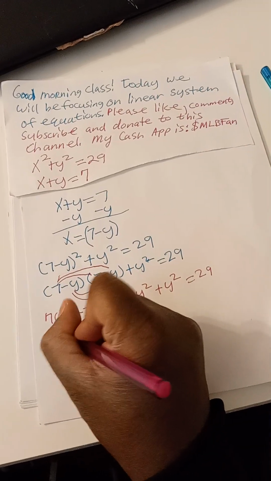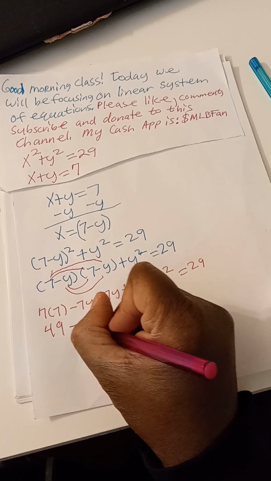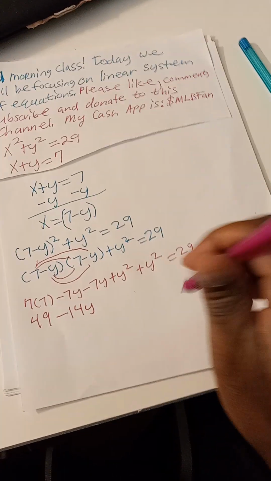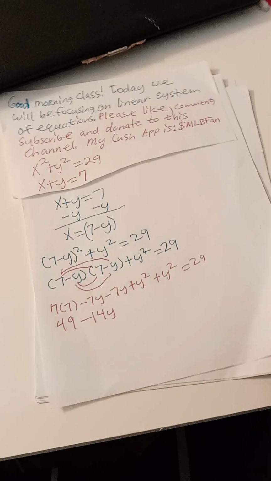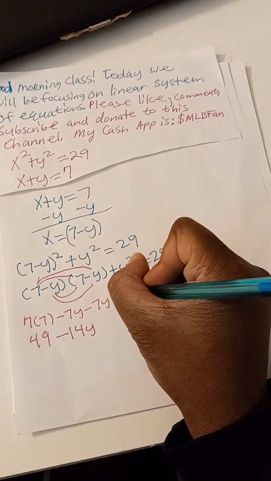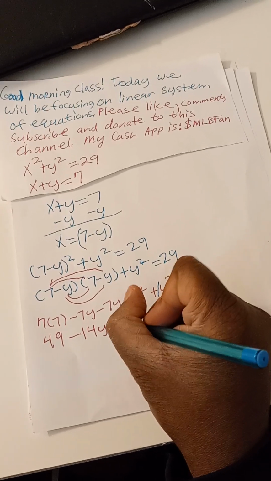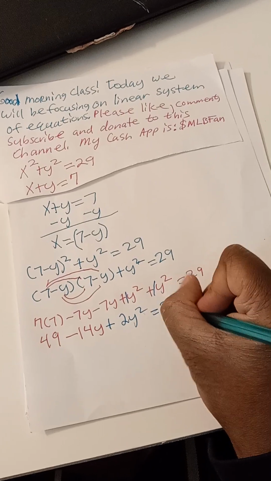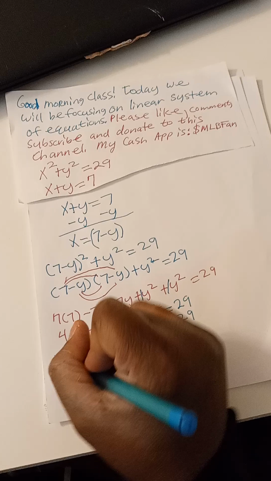7 times 7 is 49, and then minus 7y minus 7y is equivalent to minus 14y, and then y squared plus y squared is 2y squared. We can combine this really easily just by putting a 1 in front of the y squareds, so you can see it will add to be 2y squared, equal to 29. Now we need to subtract 29 from both sides to set the equation equal to 0.